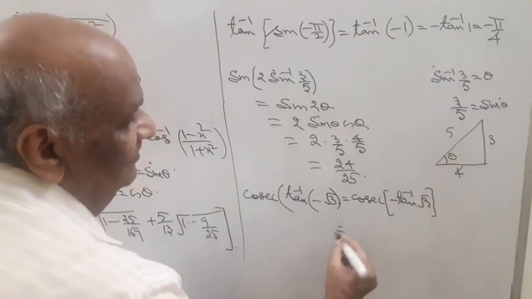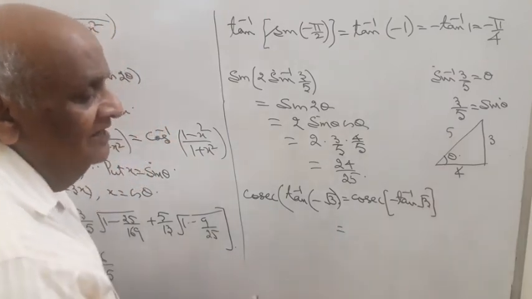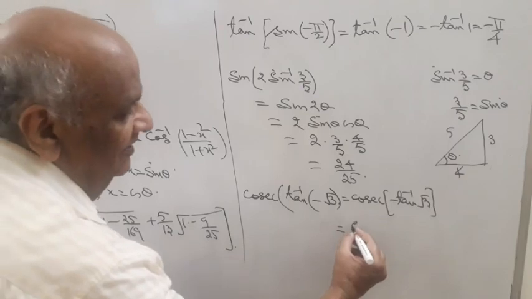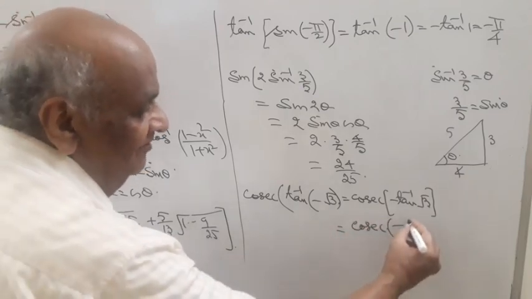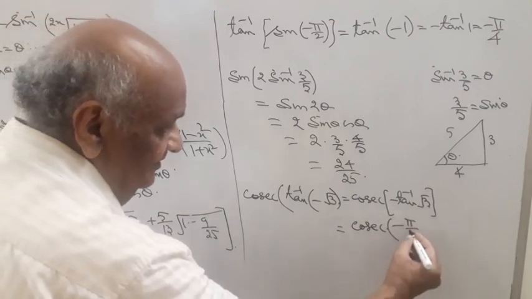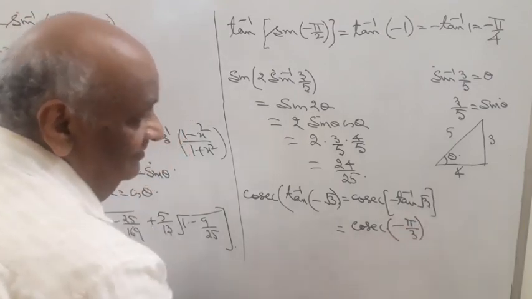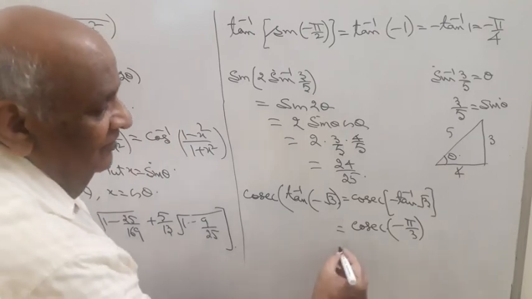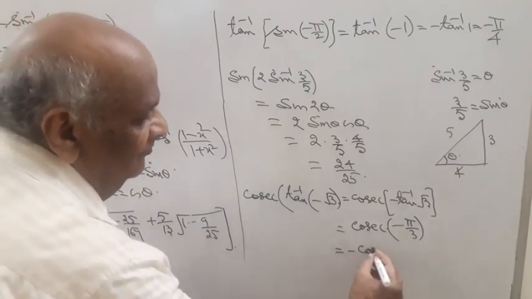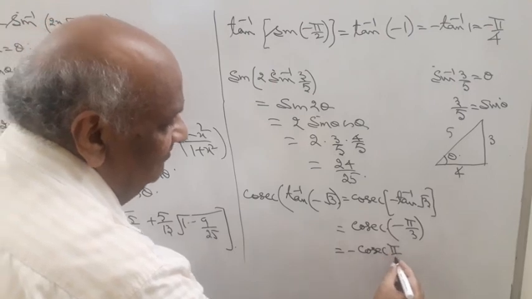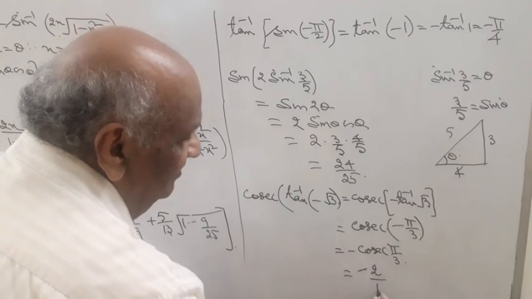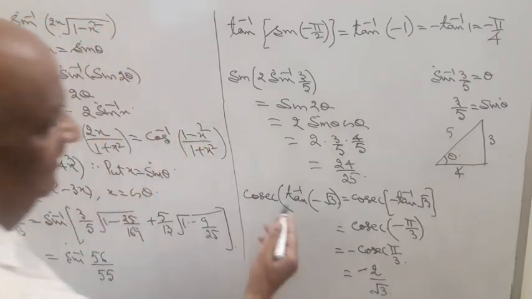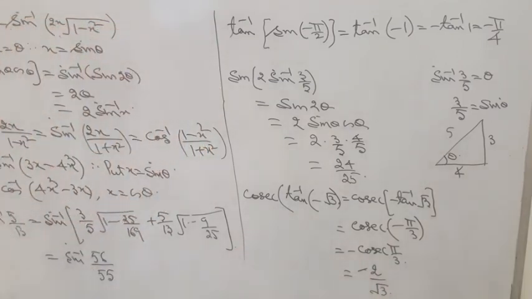It is cosecant of minus pi by 3, 60 degrees, since tan 60 is under root 3. This is the minus of cosecant pi by 3, and the value is minus 2 upon under root 3. That is, the value of this comes out to be minus 2 upon under root of 3.